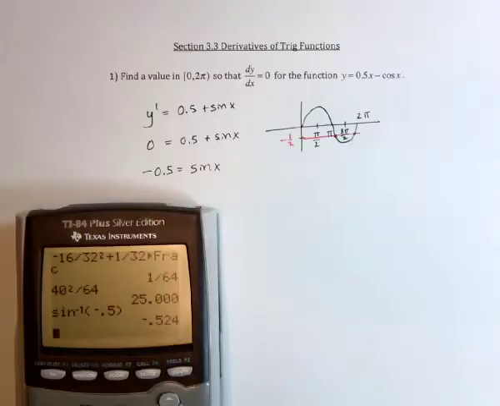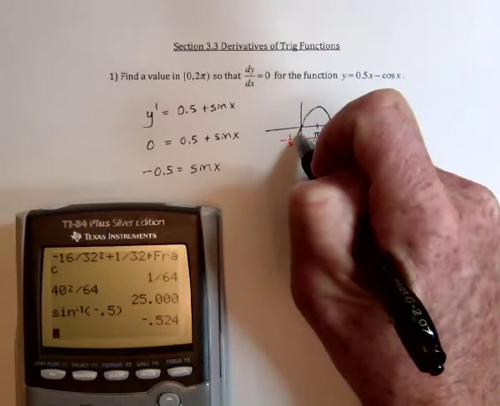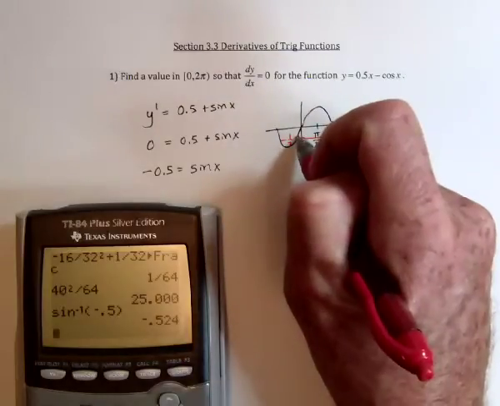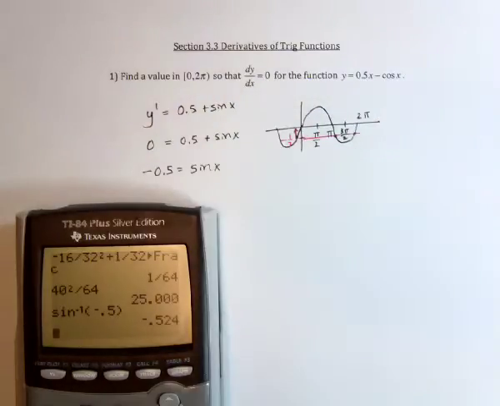And now there's 2 issues. One, it gives us a negative value, so it's actually finding a value over here. And we want positive values.